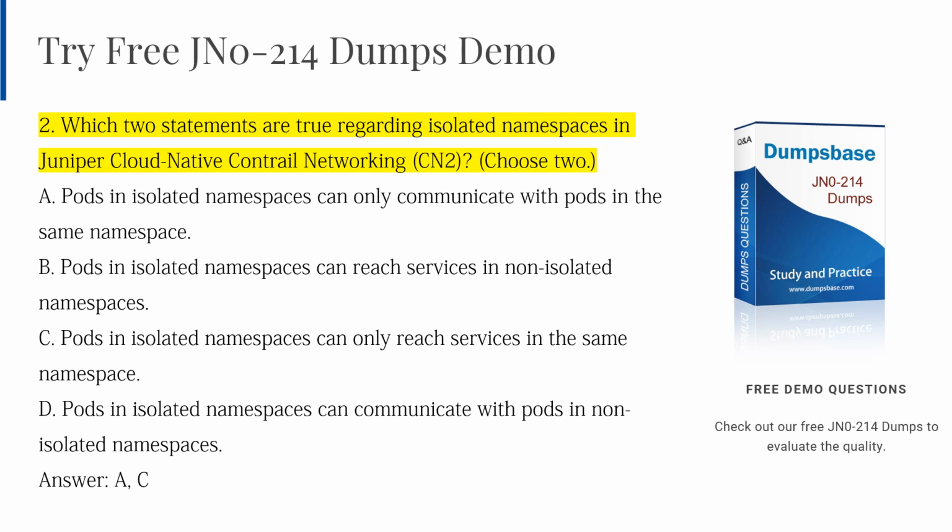2. Which two statements are true regarding isolated namespaces in Juniper Cloud Native Contrail Networking, CN2? Choose 2. A. Pods in isolated namespaces can only communicate with pods in the same namespace. B. Pods in isolated namespaces can reach services in non-isolated namespaces.